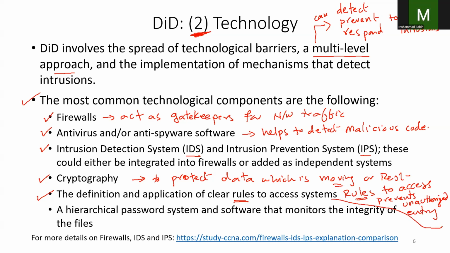Okay, so this is unauthorized access, and then there are hierarchical password systems along with the file integrity monitoring tools.